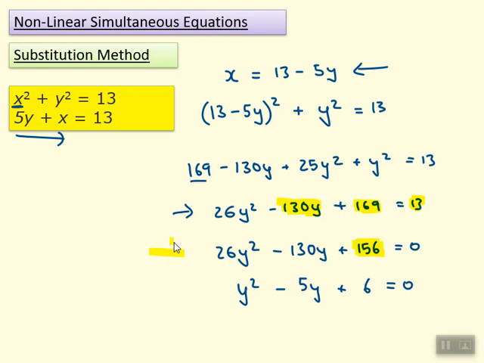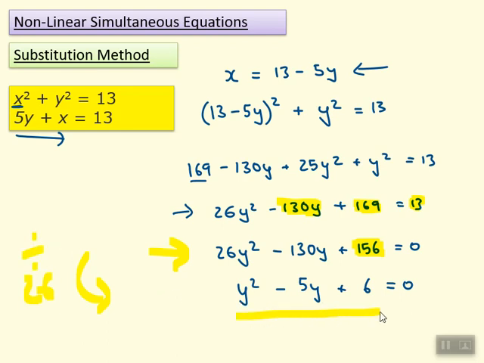Now, if you tried to factorize that, first of all, well done, because I couldn't do it. But then I noticed that I could divide everything by something. So first of all, I halved it, and then I noticed that I could divide it by 13, and so on. So if you simplify it, I think you can just divide everything by 26.